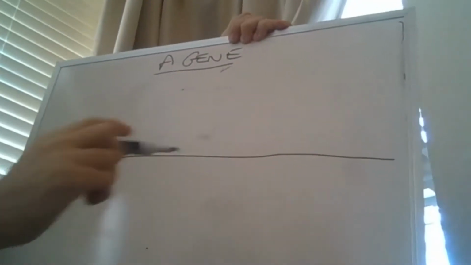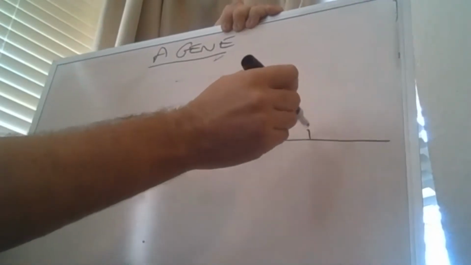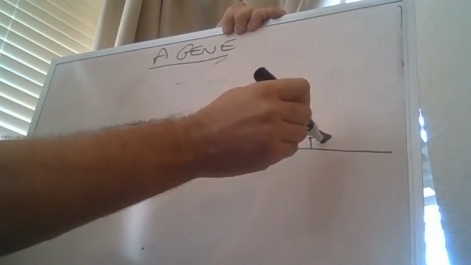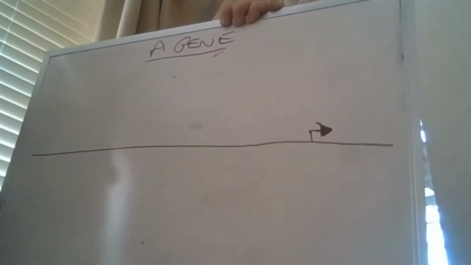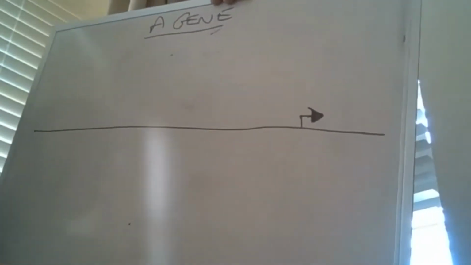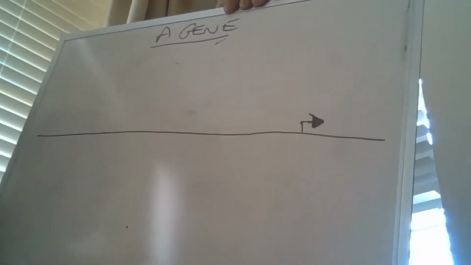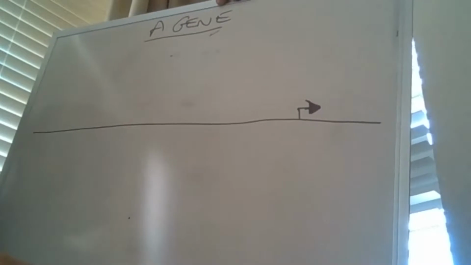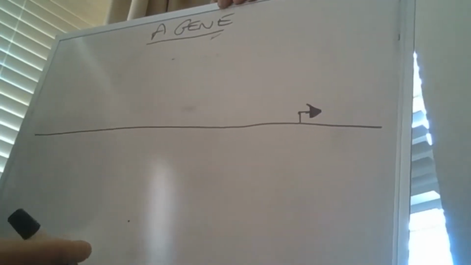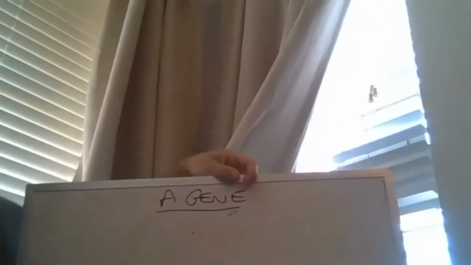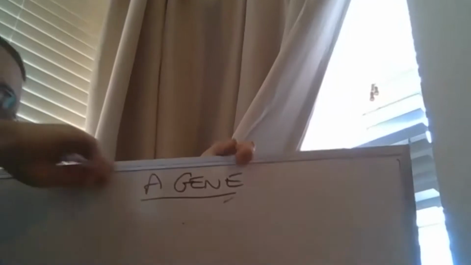So really, a lot of the action in terms of gene expression is at the level of transcription. Obviously, there's epigenetics and all the stuff that comes after transcription. But transcription is obviously super important.